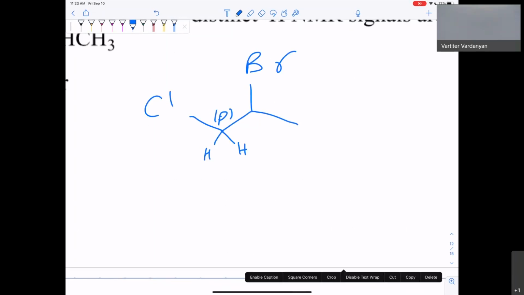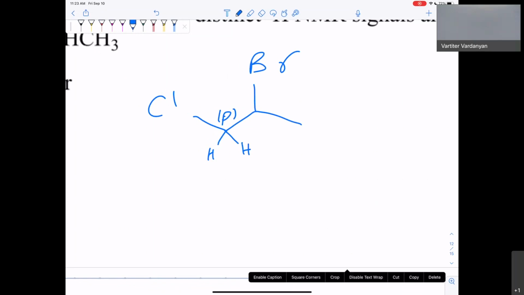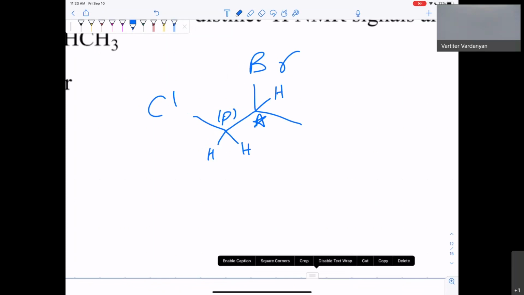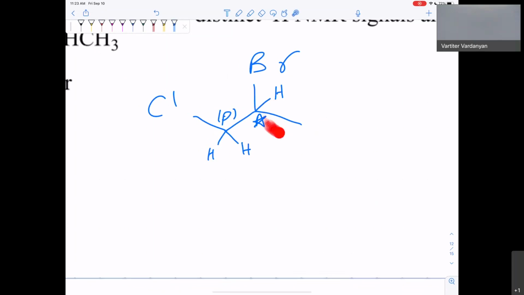So this is a chiral center. Yes, because this is just a methyl. This carbon has a chlorine attached to it. So that's why it's different.